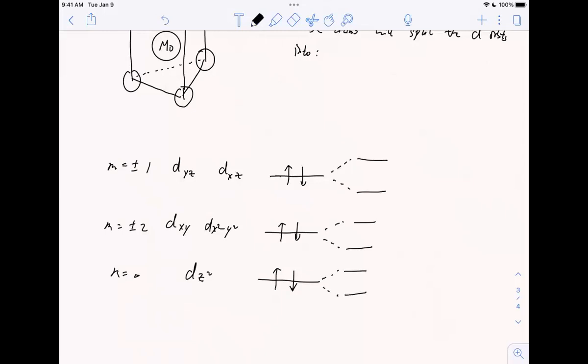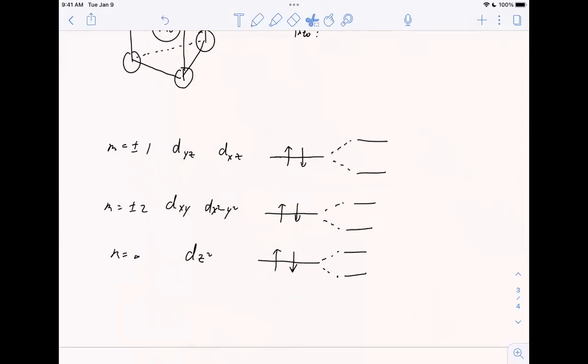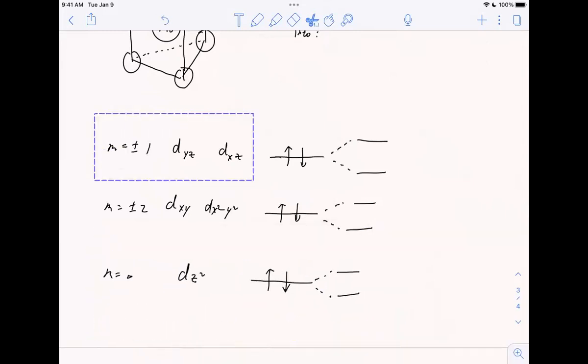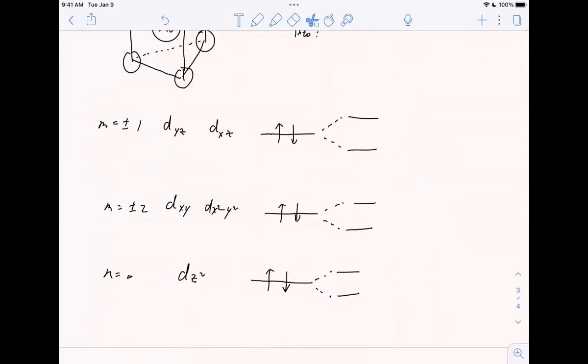Now, spin-orbit coupling will only give you tens or hundreds of milli eV. However, last time we already saw that the gap between them is on the order of eV. Okay, so let me separate them more. So this one is on the order of 1 eV.